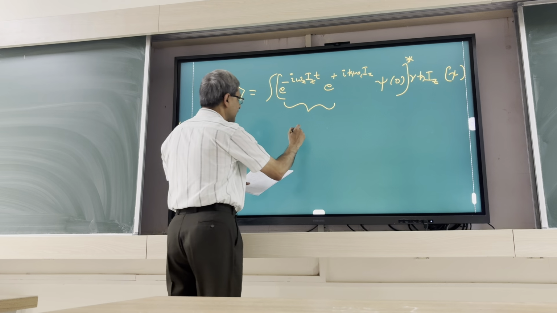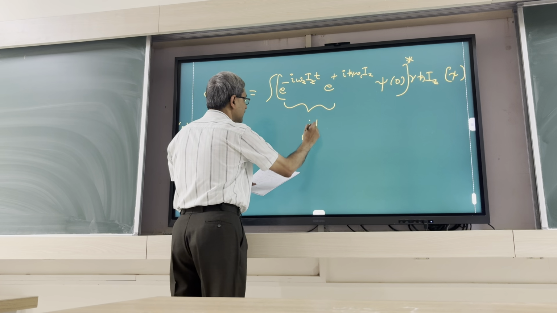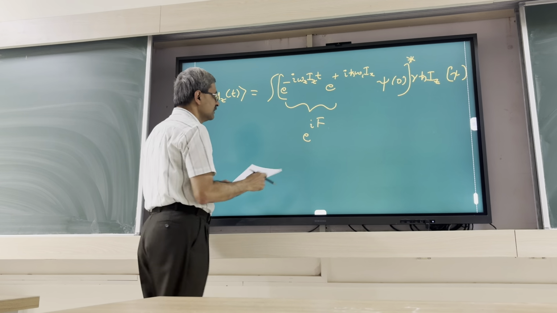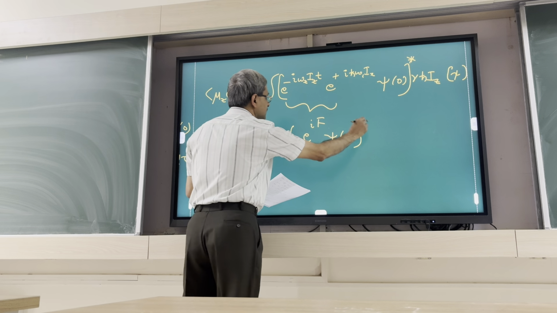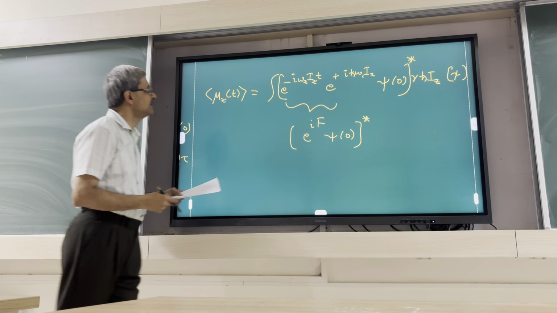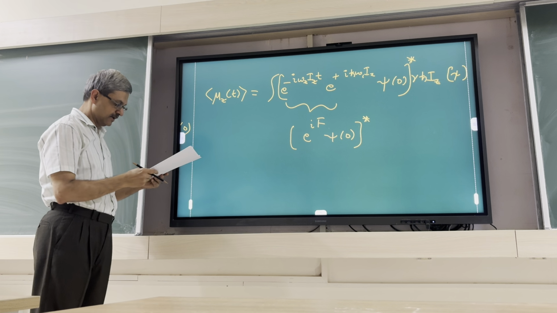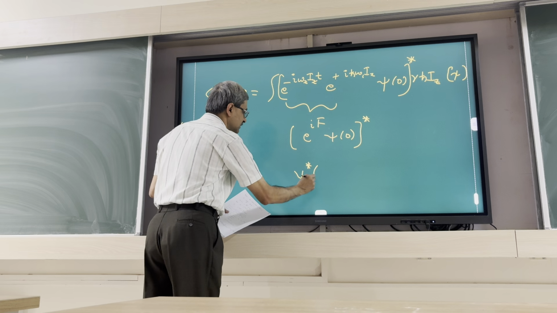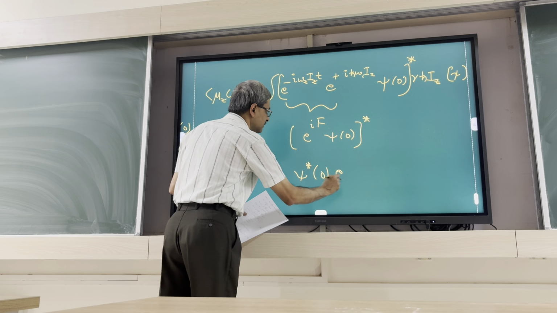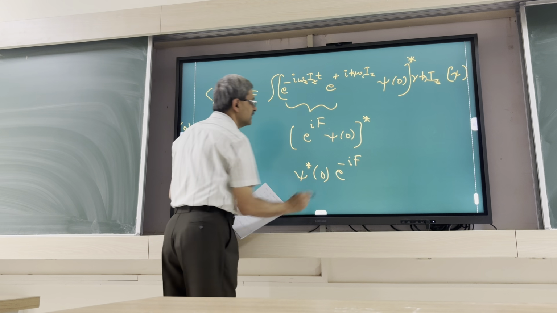So this will be written as e to the i f psi 0 star. Okay, and then this can be written, as we have said before, as psi star 0 e to the minus i.